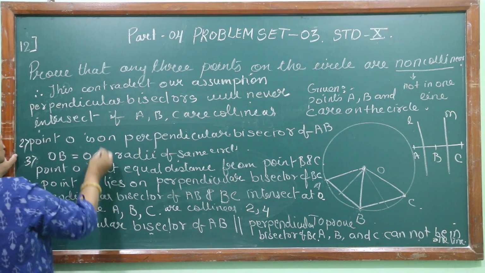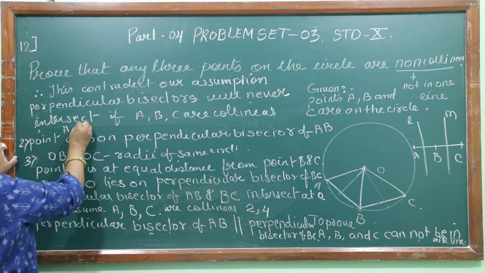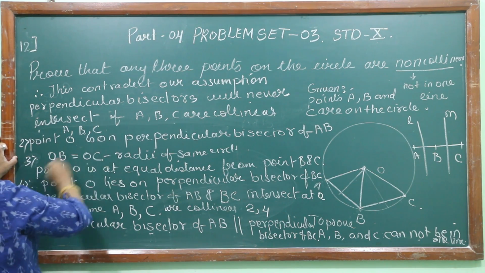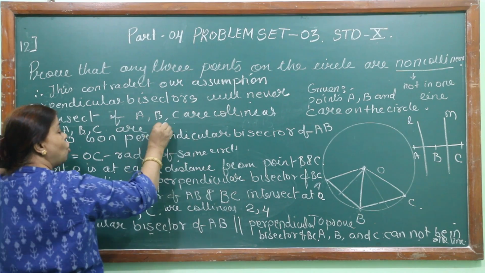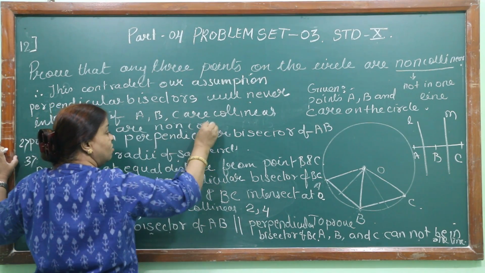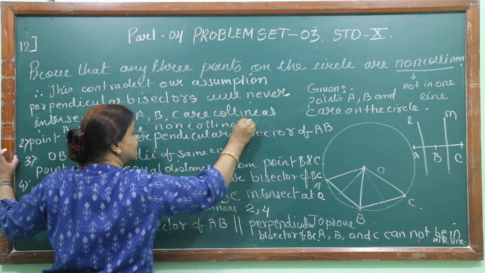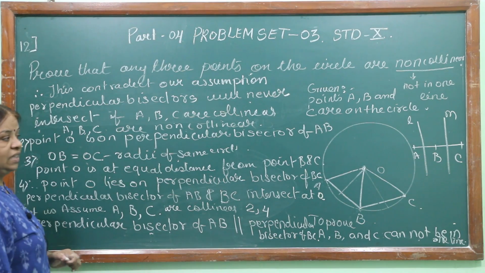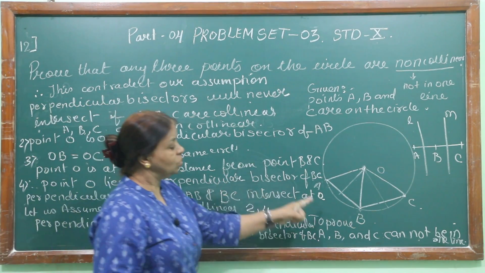That means points A, B, C are non-collinear when they are on the circle.